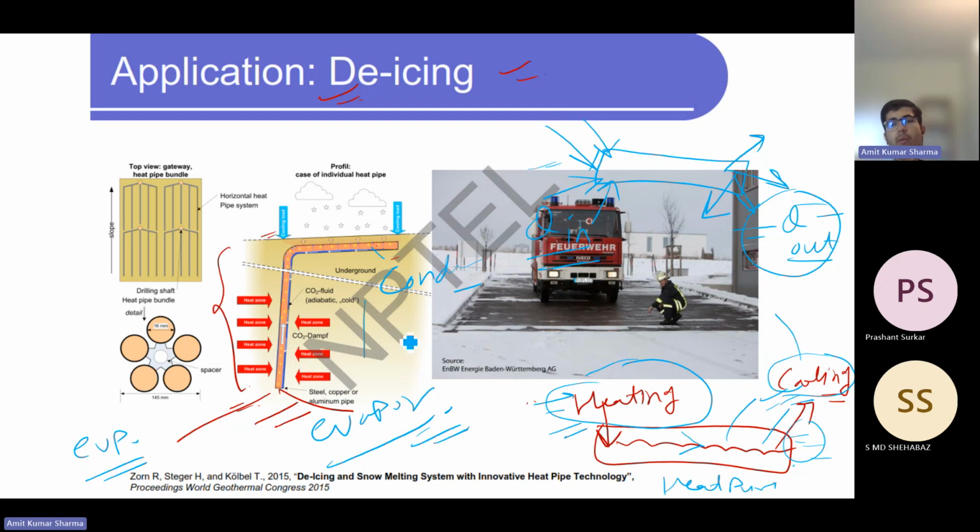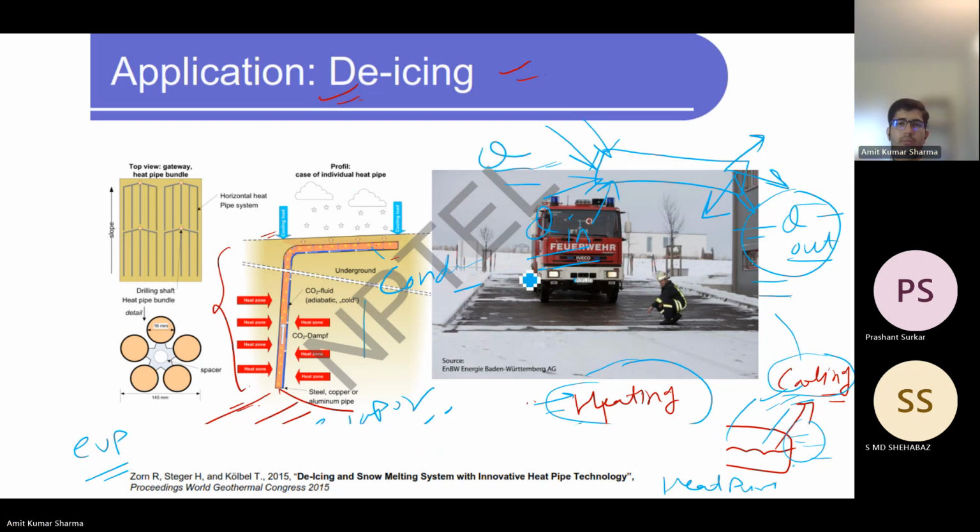Okay. When I'm talking about heating at the evaporator, it means I'm talking about the heating of fluid. When I'm saying cooling at the condenser, it means I am talking about the cooling of the fluid. But basically at the condenser side, if you see in the perspective of heat input and heat output, on the condenser side, there is always Q out.